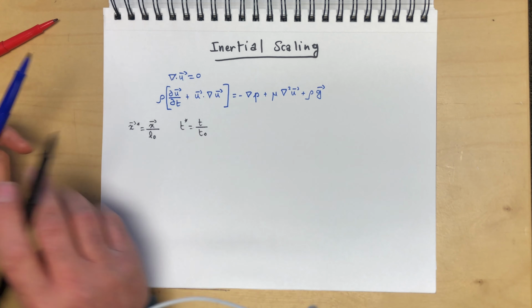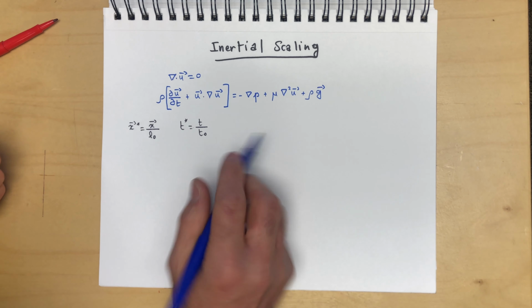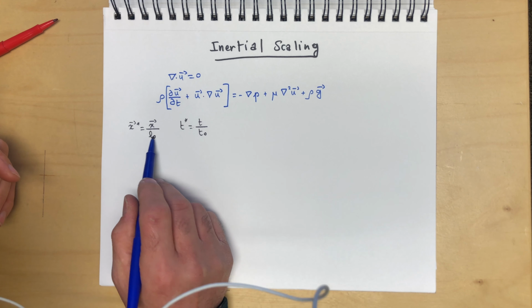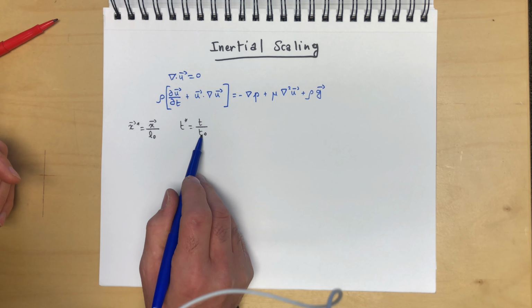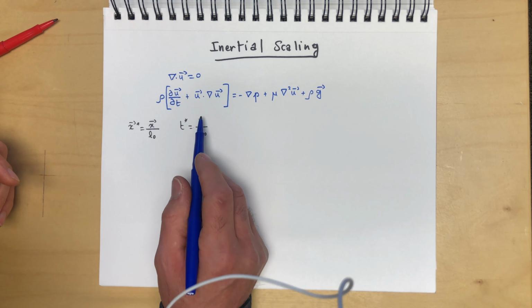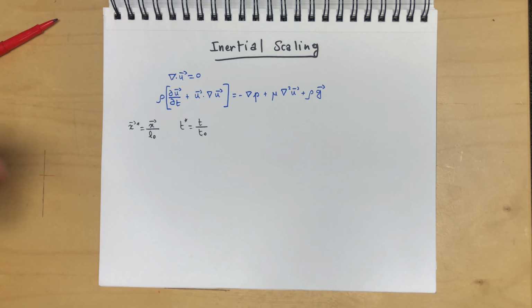But typically you choose either length and time, or length and velocity and deduce time from those. In this case, we're going to assume we know a velocity scale, and typically that's quite common. That could be an inlet velocity, for example, based on an inlet flow rate.